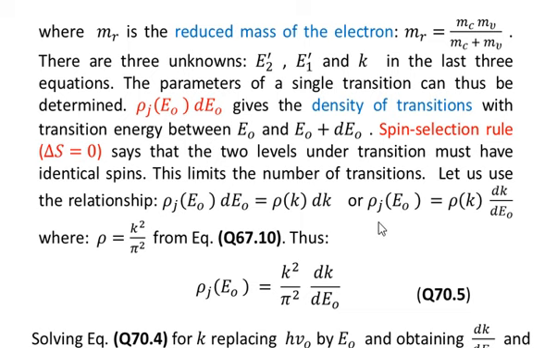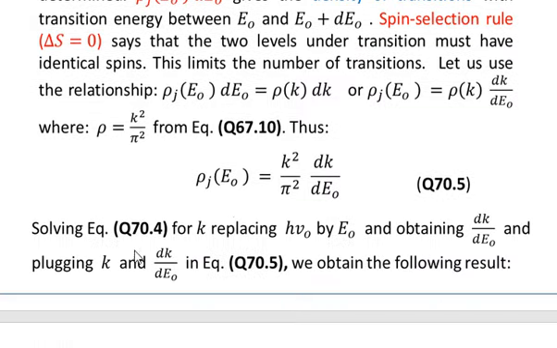From here we can solve for rho j of E naught is equal to rho of k into dk over dE naught. This rho of k has been found through the calculations in the previous slide, slide number 67. So from slide number 67 we find that rho is equal to k square over pi square. Thus we can write rho j of E naught is equal to k square over pi square into dk over dE naught.